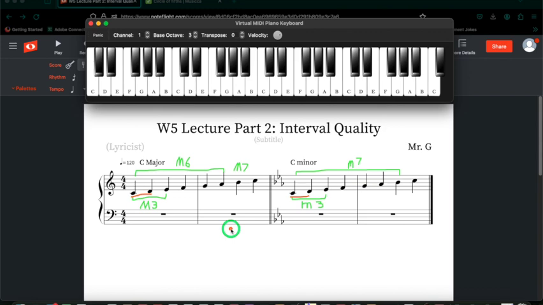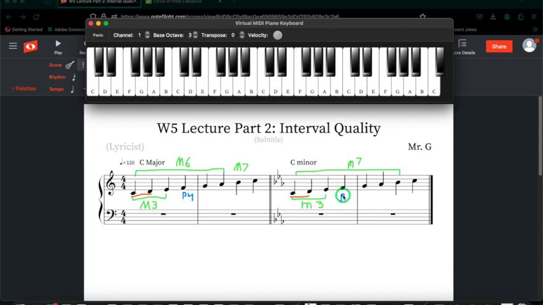And now let's talk briefly about perfect intervals. I'm going to use blue for that. Perfect would be fourths, fifths, and octaves. So the distance from C to F is 4. And we call that a perfect fourth in both major and minor scales.